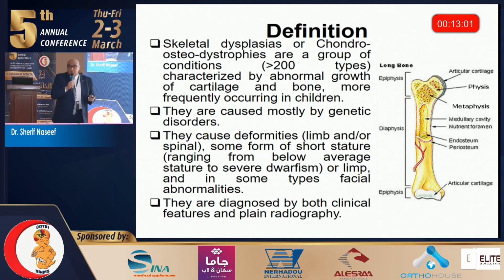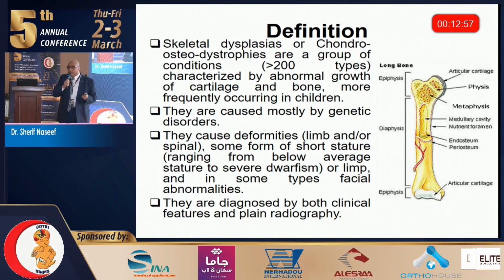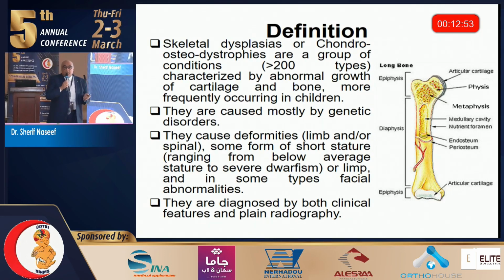Whenever and wherever you are encountered with a case of multiple deformities in the absence of joint contractions, a lamp should be switched on in your mind that this case may be a case of dysplasia.